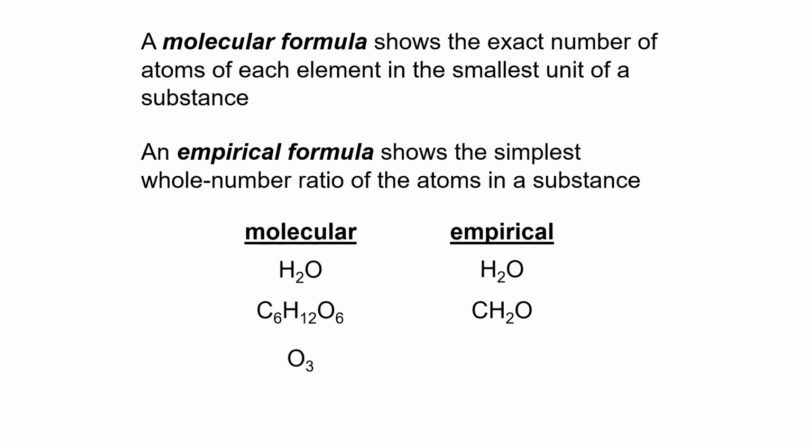O3, ozone: 3 is divisible by 3, so the empirical formula is simply O. One more. N2H4. Here we have 2 subscripts that are divisible by 2, so the empirical formula for that compound is NH2.